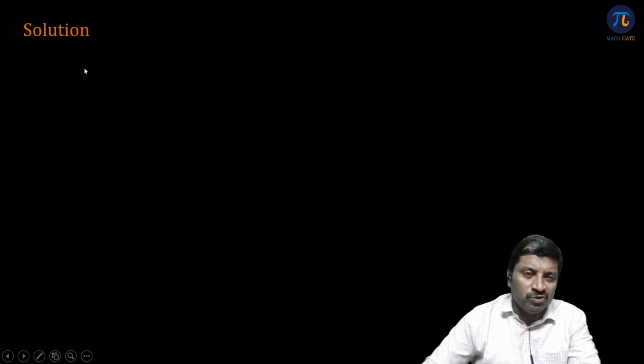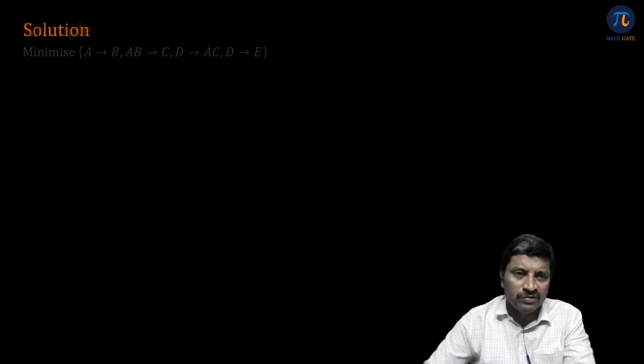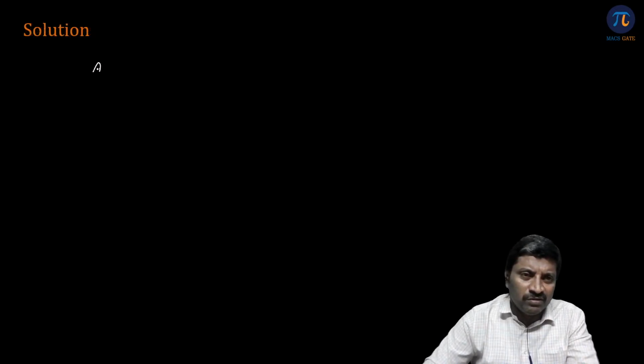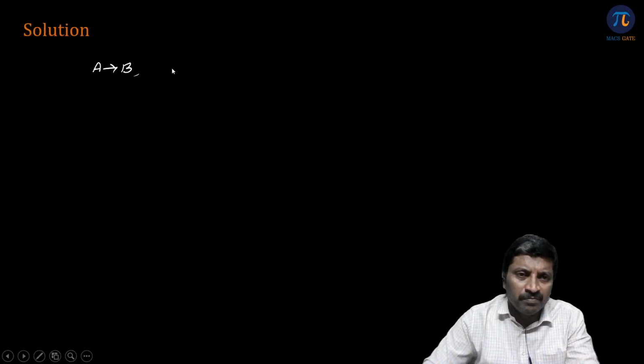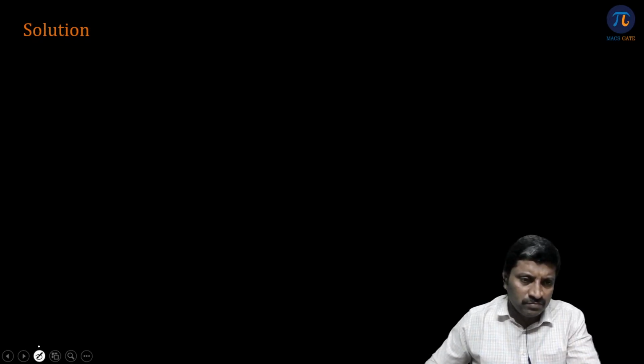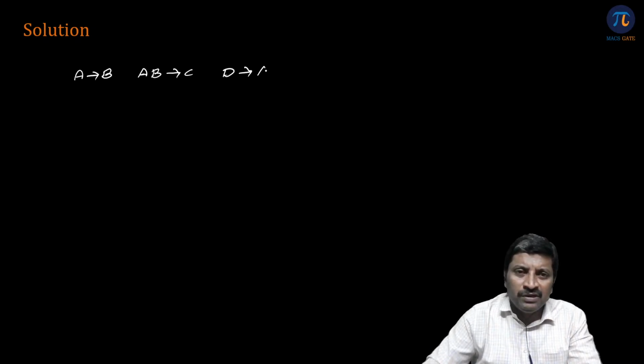So what is the output of the second step, sir? A implies B, AB implies C, D implies A, D implies E. Now we need to apply step 3.